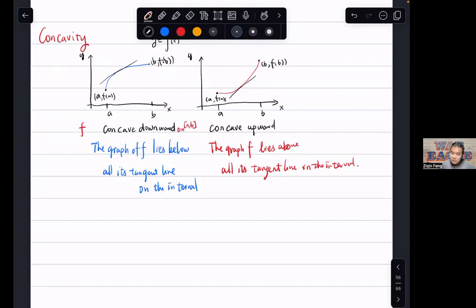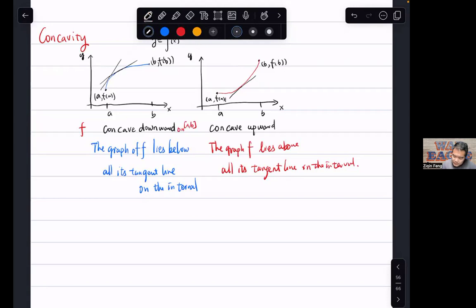If you sketch a few tangent lines, you can see that the tangent line starts from a very steep slope and gets flatter and flatter, which means f prime, the slope, is decreasing to a smaller number. And the meaning of that is the second derivative is negative.